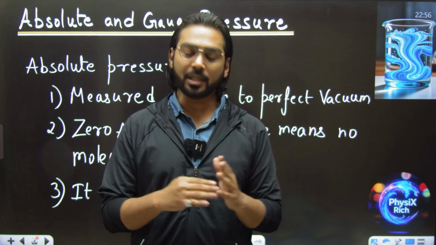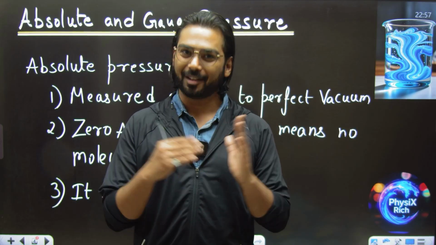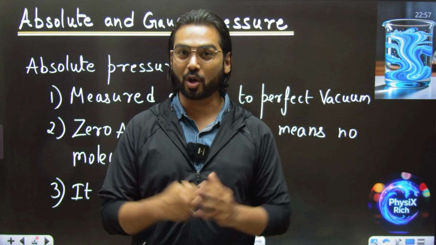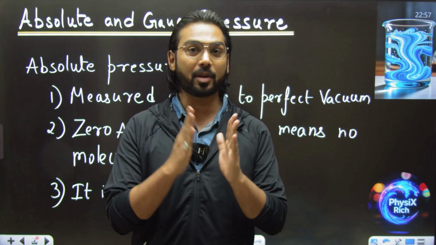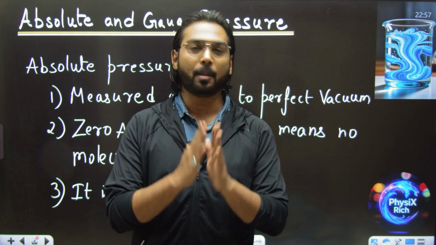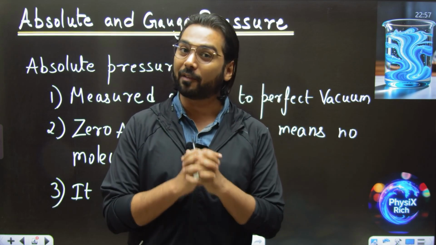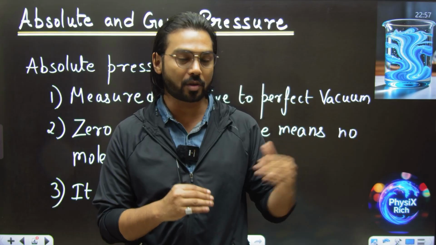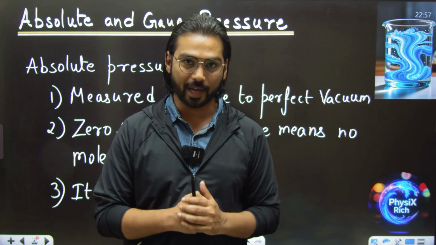Absolute pressure means the total force which is acting on a given surface per unit area. And of course, we're talking about the normal force. Please do not take the parallel force over here, because this parallel force is put in case of fluids by viscosity, and that we have not discussed yet. We will move to viscosity in our upcoming lectures, especially after we are done with fluid dynamics.